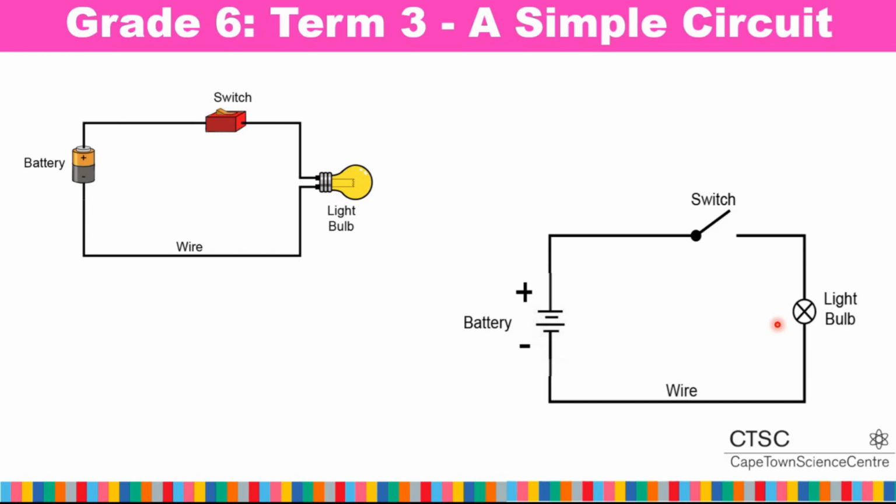Okay, now when we teach the learners the circuits in this manner, sometimes they struggle to identify the components of an electric circuit. So they might be able to name the battery, they will name the light bulb, for instance, but when we teach the simple circuit, it is important to show them that there are actually just four components.